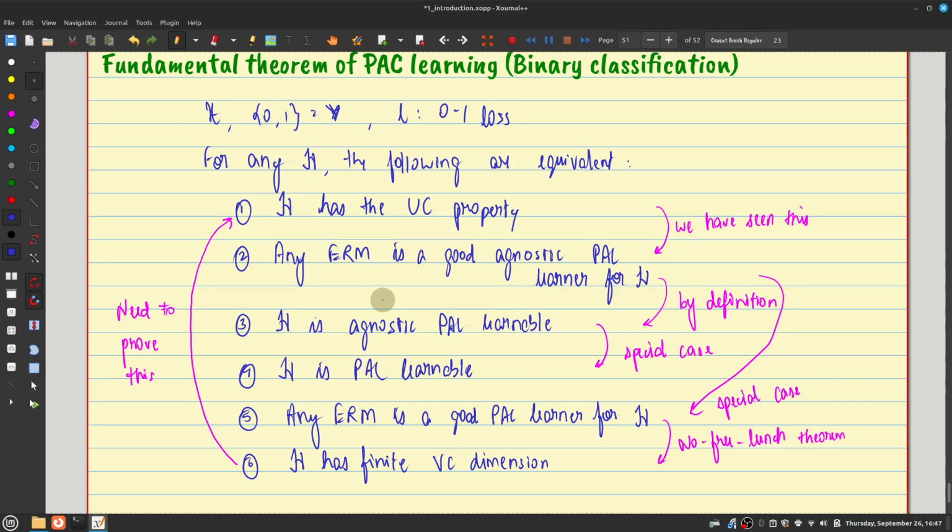In other words, the number of samples required by ERM to achieve some particular epsilon and delta is close to the number of samples that the best possible learner requires to achieve the same epsilon and delta. They could be off by a factor of a few constants, but that's about it.